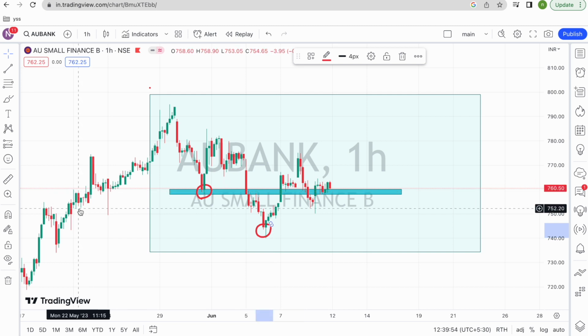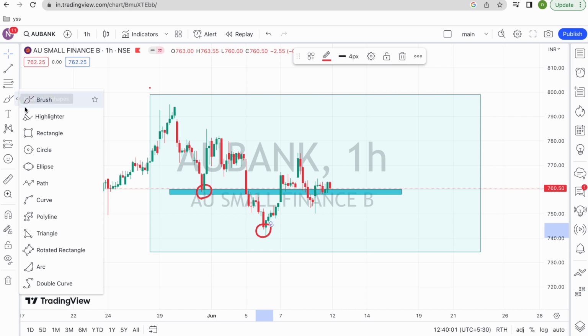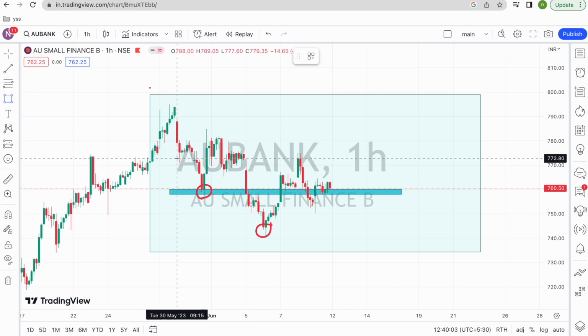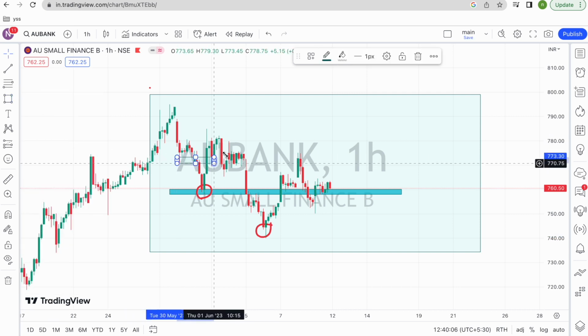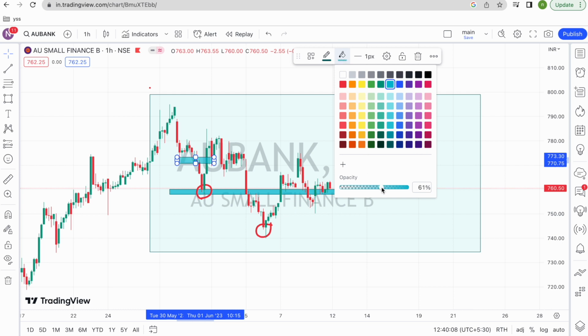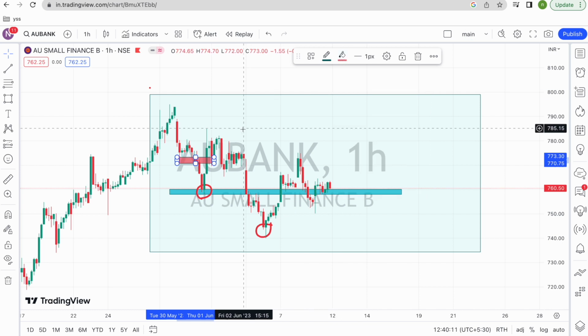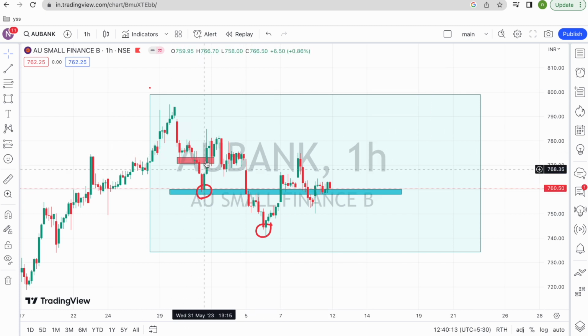This can be identified in two ways. The first is with the help of fake breakouts. If you look at this particular area, this is a clear fake breakout that you can see.